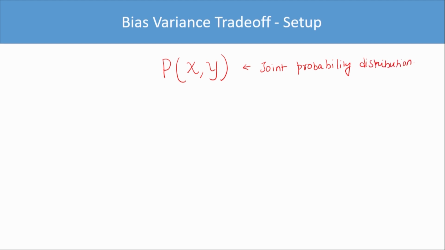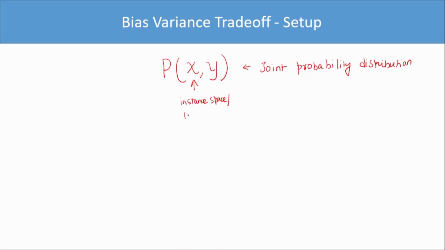We are not making any assumptions on the form of this distribution or how it exactly looks, what the PDF is, what the CDF is; we are not making any assumptions on this. As you know, this is our instance space or feature space, where our features come from, and this is our label space.